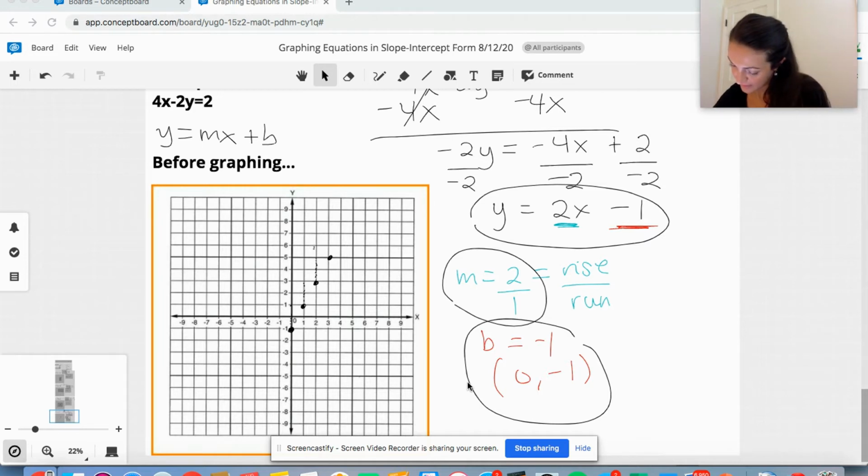All right, connect that with our straight edge. Okay. And we've actually graphed the equation 4x minus 2y equals 2. That's the line that you're seeing here. It's just that we have to rewrite it in slope-intercept form so that we know how to graph it.